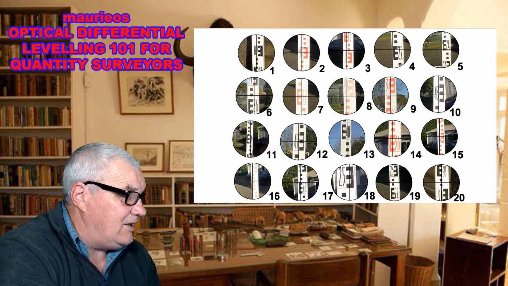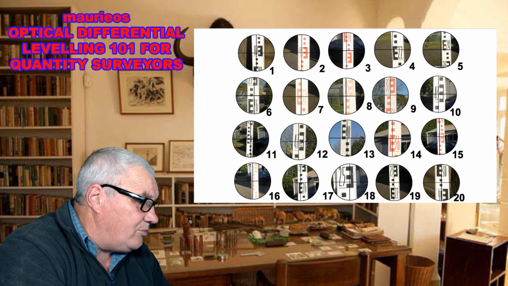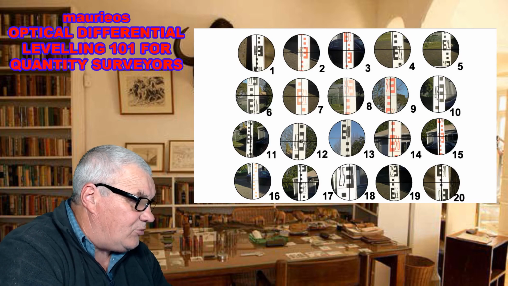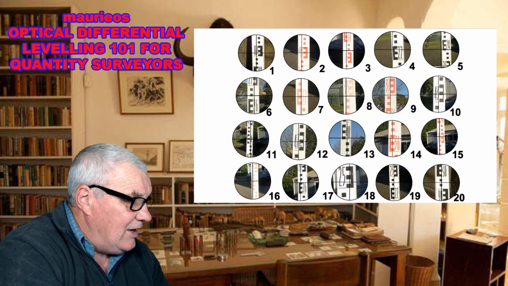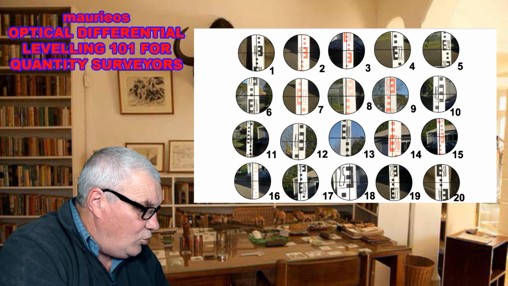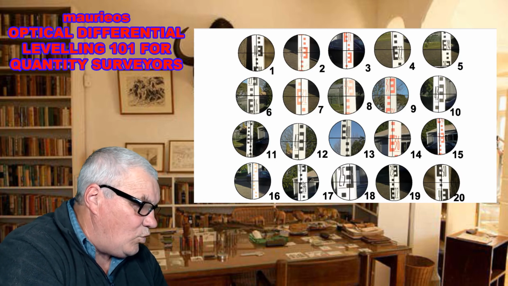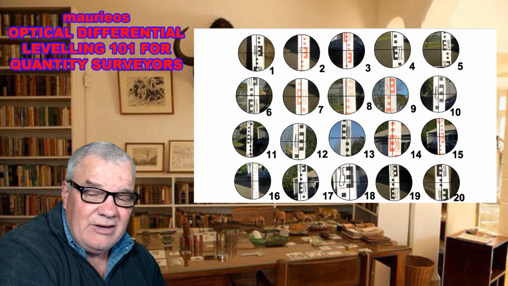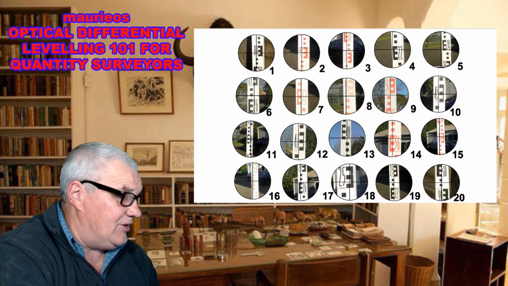Each one of those, either the white space is 10 millimeters or the black space is 10 millimeters. You're estimating 2.651 or 650. You can be a couple of millimeters out, it doesn't matter.